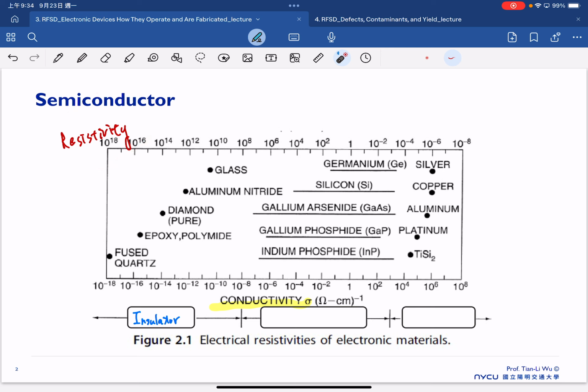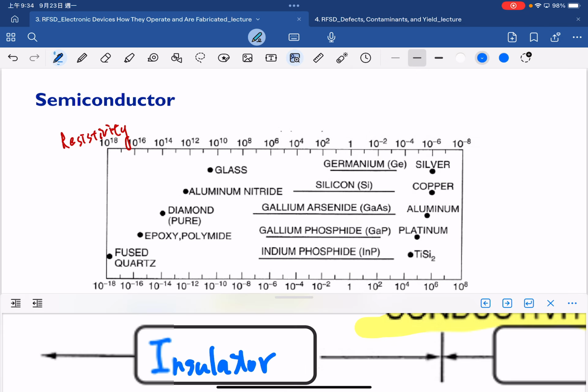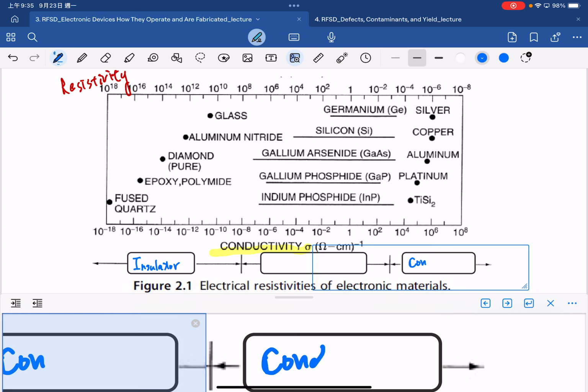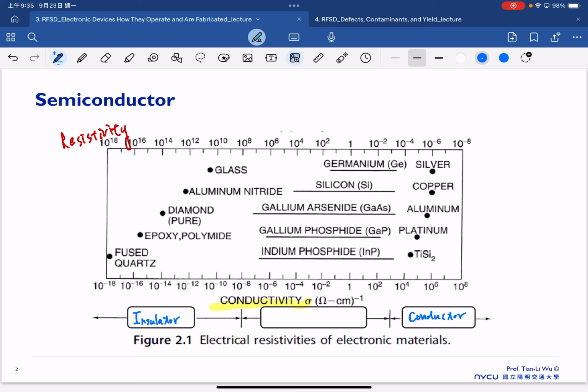On the other hand, we have a completely different material that is the opposite of the insulator, which is conductor. Compared to the insulator, the conductor is a material that has a very low resistivity, but also that means a very high conductivity.